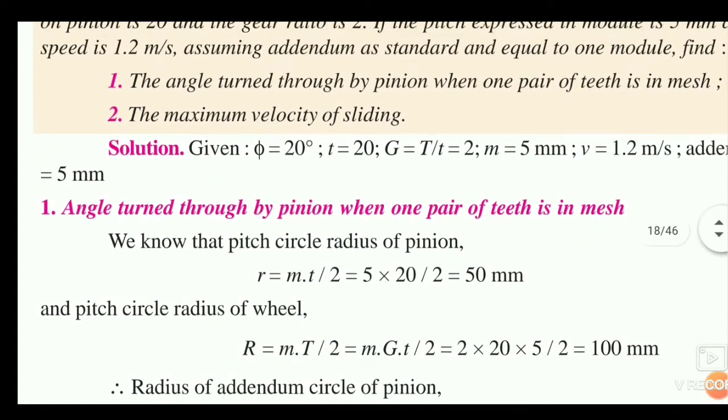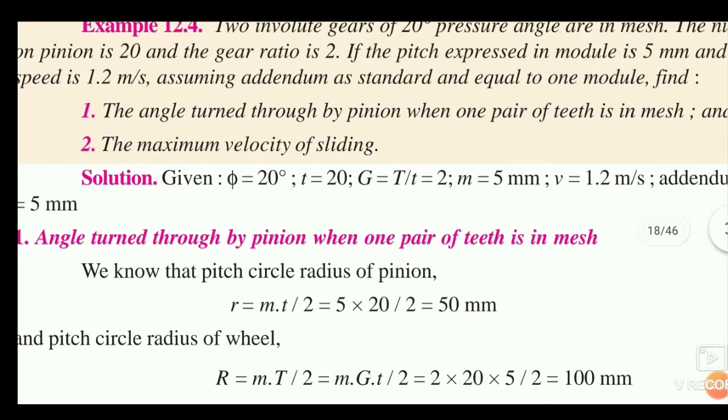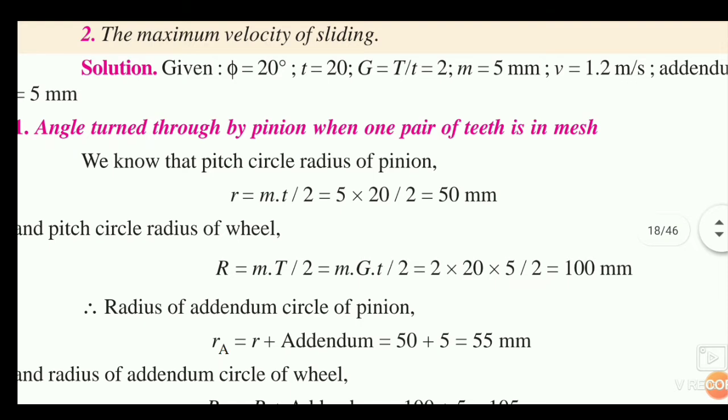So just keep in mind, whenever you want to find the angle turned, you have to find the length of arc of contact, and for that you have to find the length of path of contact. The same thing will repeat here also. First we'll find small r, which is m t by 2. For that t is given. Then we need to find capital R, which is again m capital T by 2.